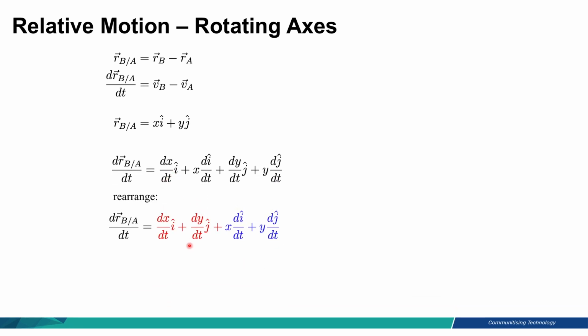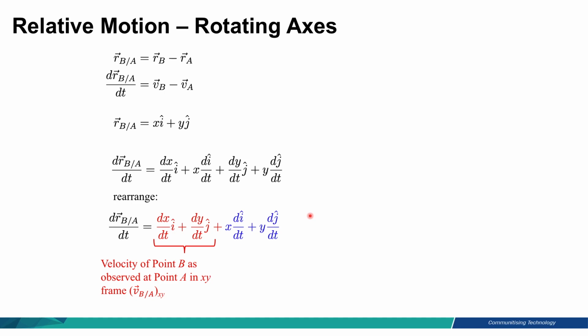Now we can rearrange this. We can bring dy/dt to the front, so we have dx/dt i plus dy/dt j plus x di/dt plus y dj/dt. Now this first component is the velocity of point B as observed from point A in the xy frame.